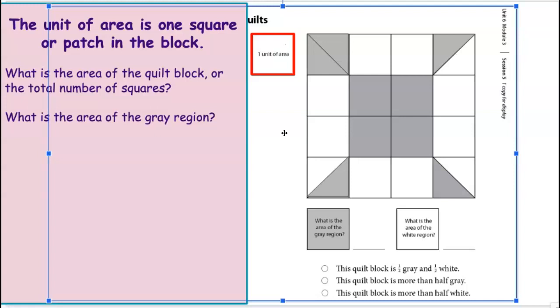So when I'm thinking about what is the area of the gray region, I'm not thinking about how many pieces of gray I see. I'm thinking about how many full gray squares I see. So I can see that I have 1, 2, 3, 4 full gray squares.